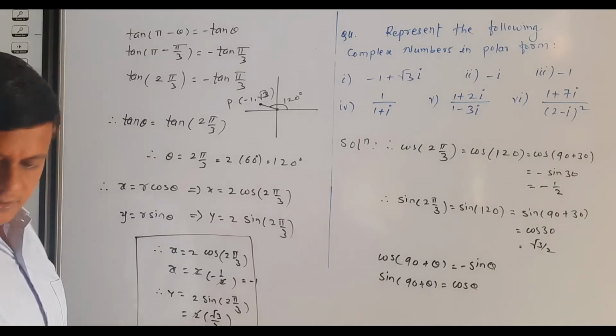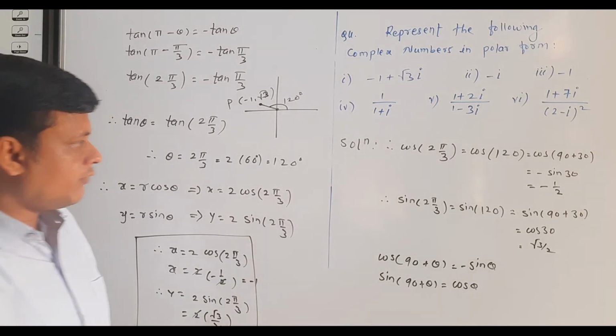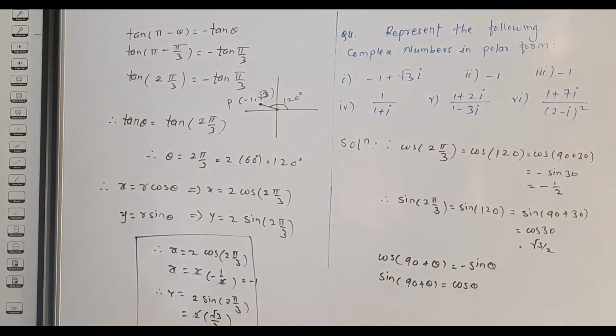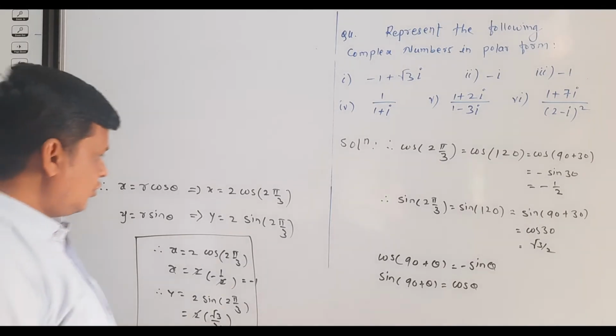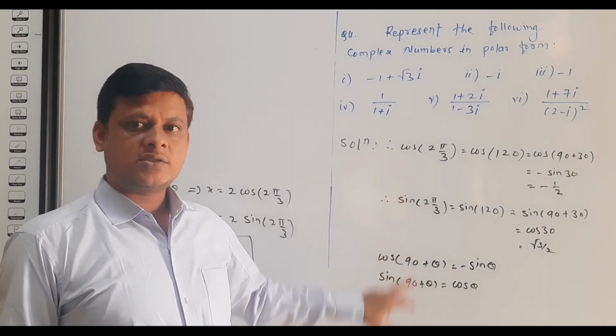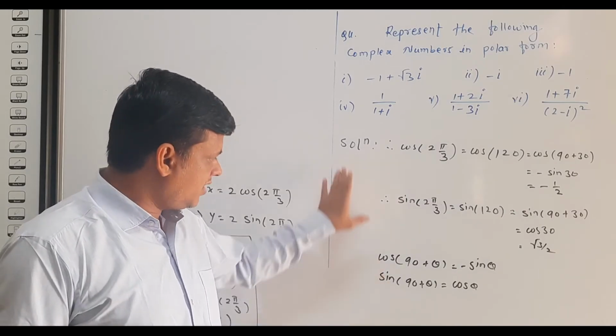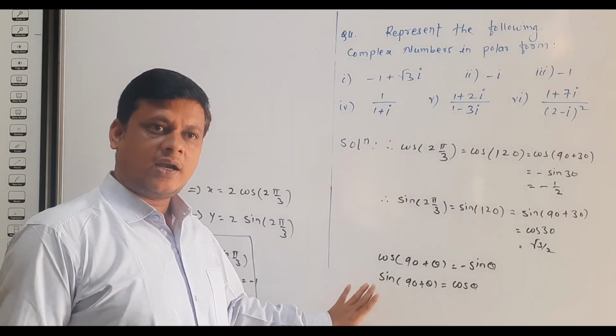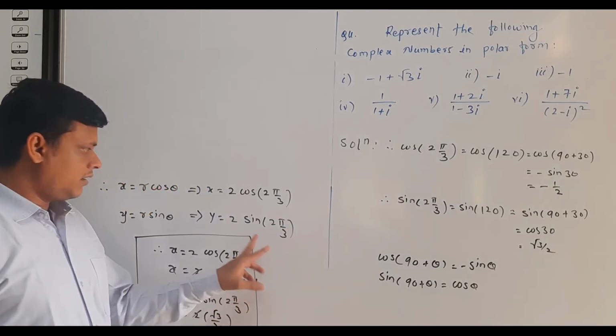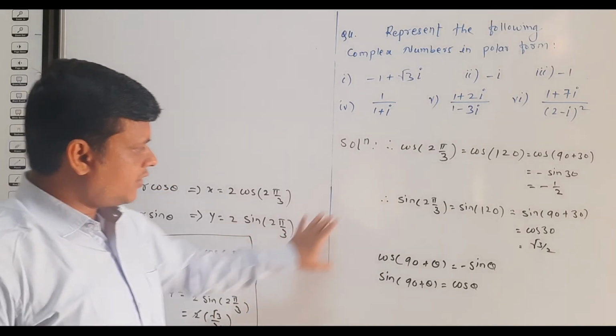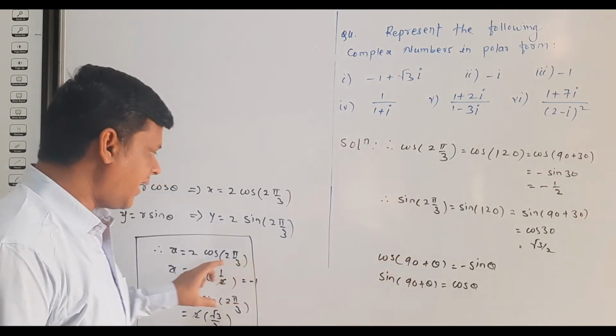So we write here the polar coordinate form. There is no need to calculate this value, but this is the first example, and this is how to check the angle. For that we substitute the values and confirm the angle.